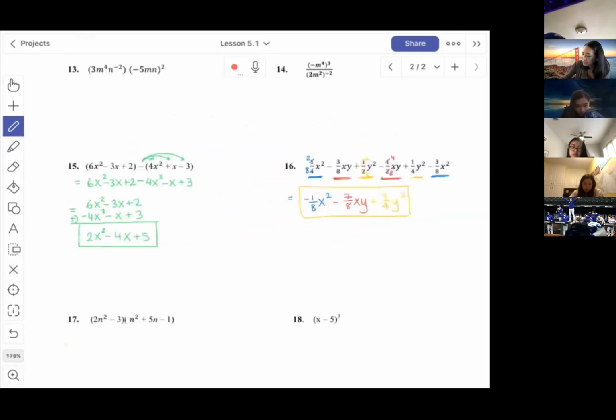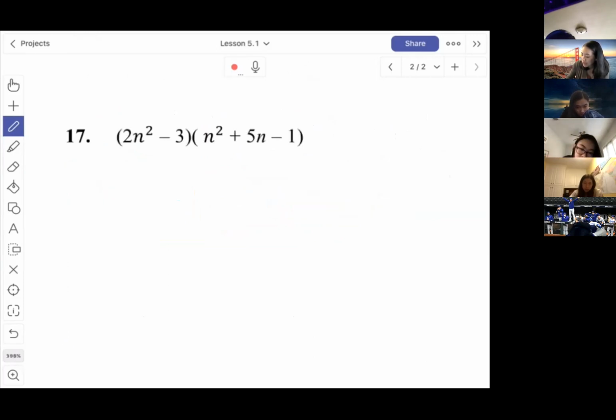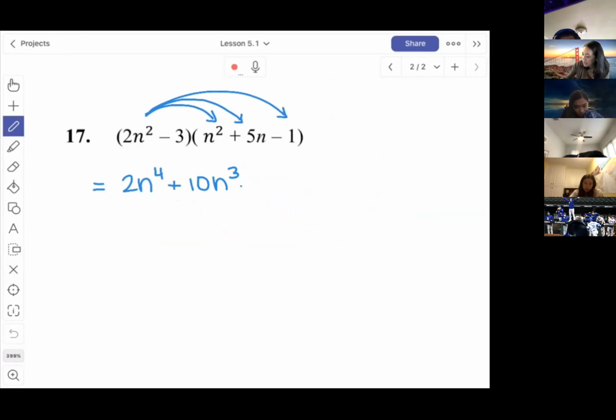All right, so I can distribute the 2n squared to the n squared, giving me 2n to the fourth. Distribute 2n squared times 5n gets me positive 10n to the third. And distribute, I get negative 2n squared. Now here's my trick again. Stack your like terms. Negative 3 times n squared, I'm going to put that negative 3n squared underneath my other n squared, so it's easier to combine.